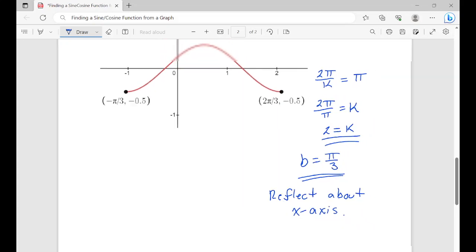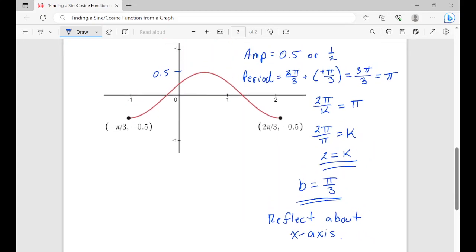So let's get everything on one screen. And since I said this is a cosine function, I'll use the form for cosine. y equals a cosine(kx minus b), and plug in everything I know. So y equals, a reflection about the x-axis makes my a value negative. So a negative 1/2 or 0.5, whichever you prefer.